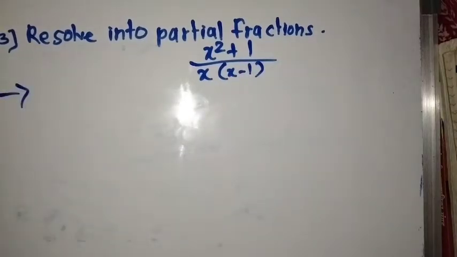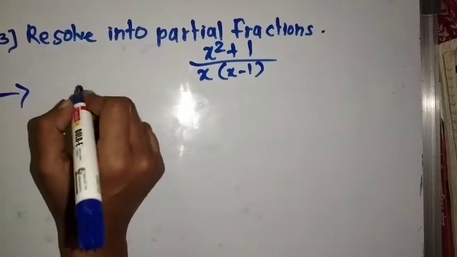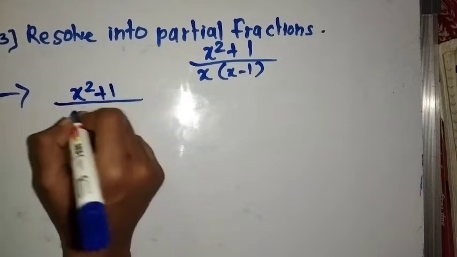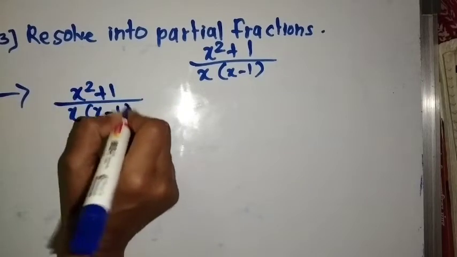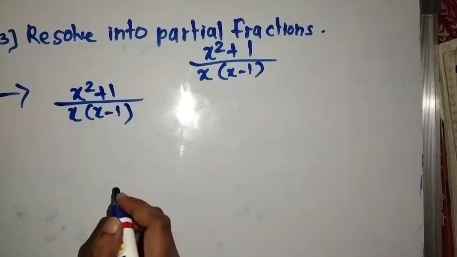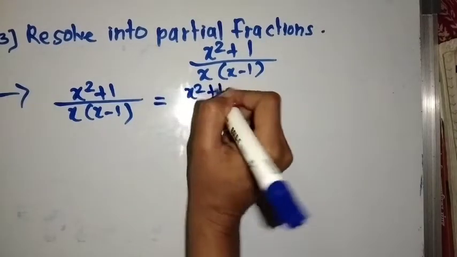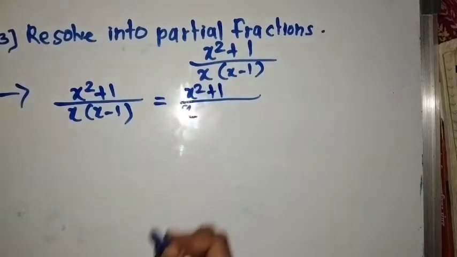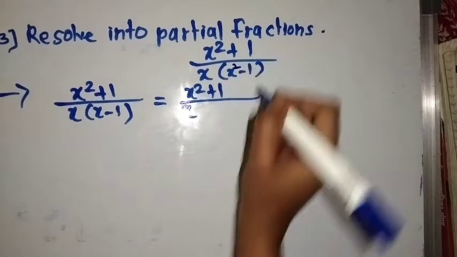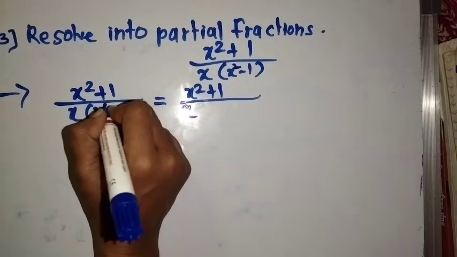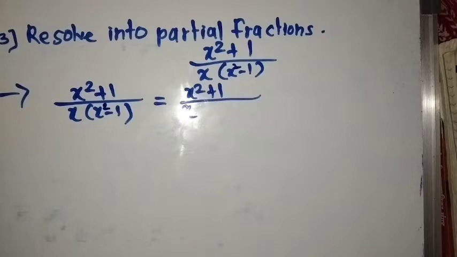First, the given fraction is x square plus 1 upon x square minus 1.